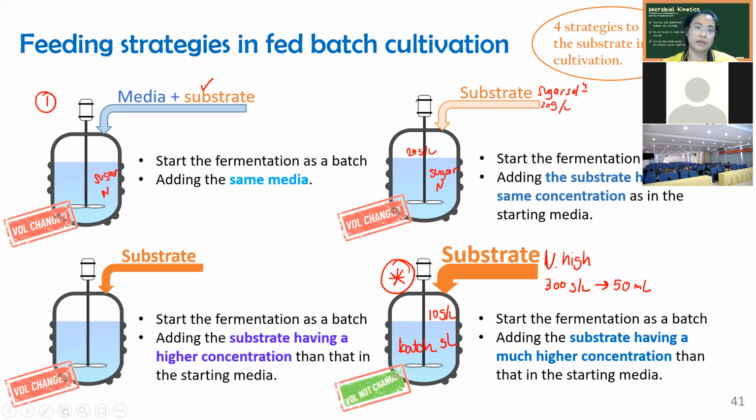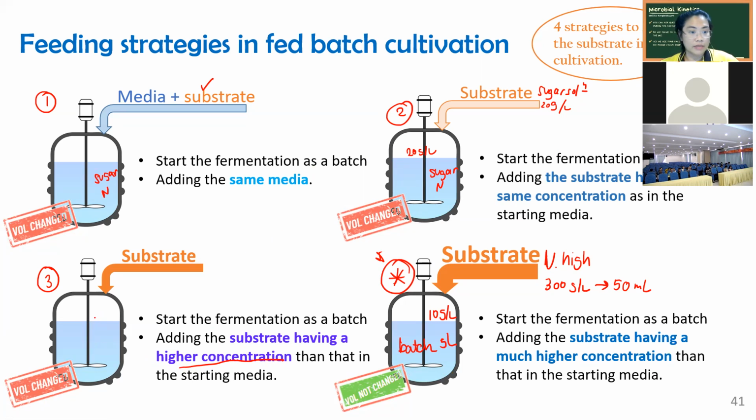And the third way that we do is adding the substrate, similar to number 2 here, but adding a substrate that has higher concentration than that in the starting media, but not very high or as high as in this scenario.